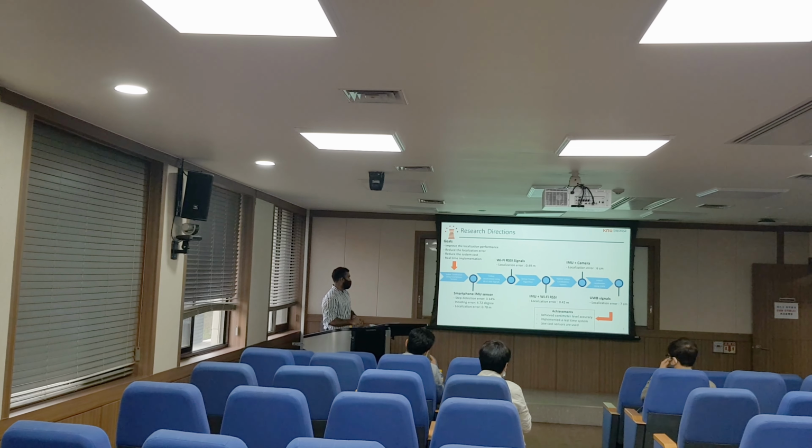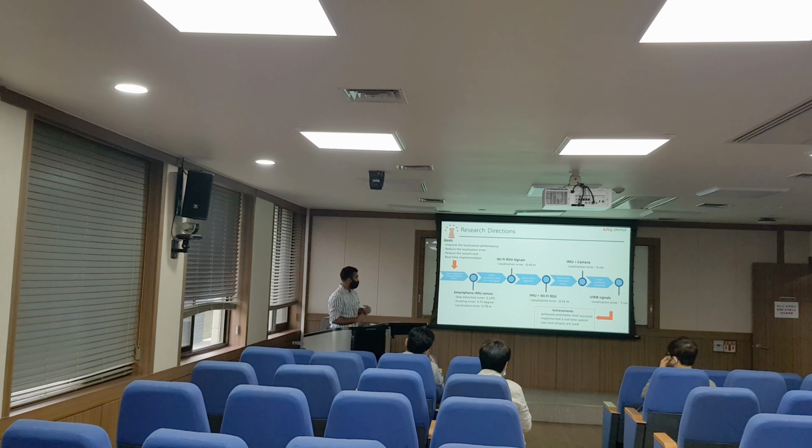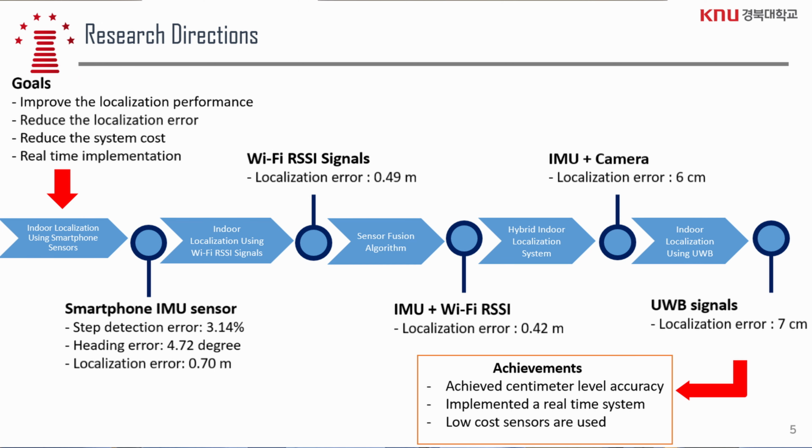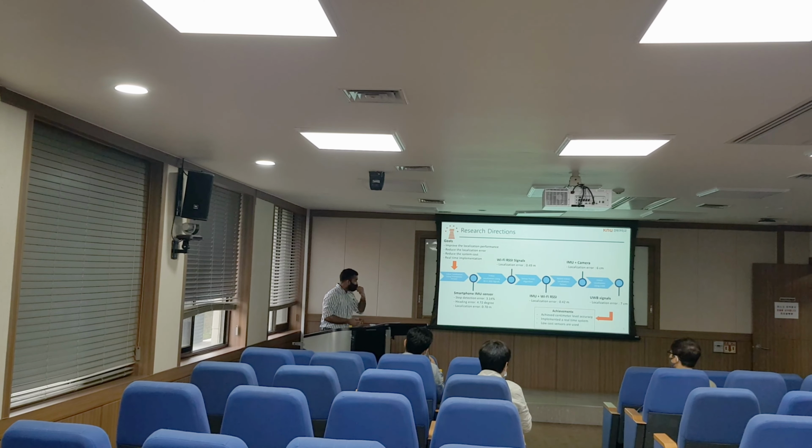We achieved a step detection error of 3.14%, heading error of 4.72 degrees, and localization error of 0.7 meter. Next, a very common and popular localization technology is Wi-Fi RSSI based localization, and we propose some fusion algorithm to improve the performance and reduce the RSSI challenges.